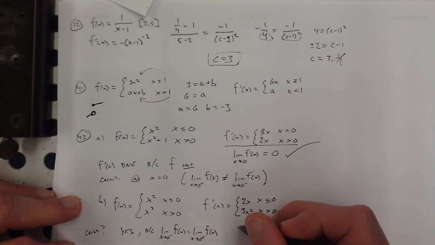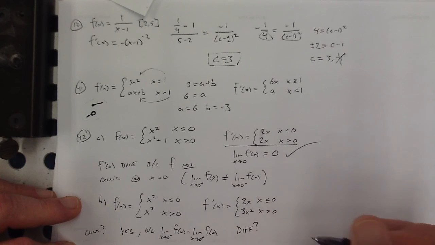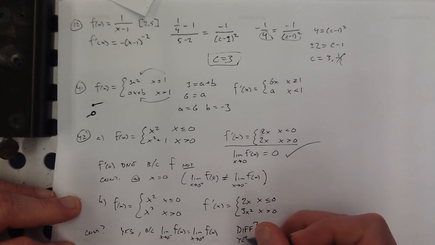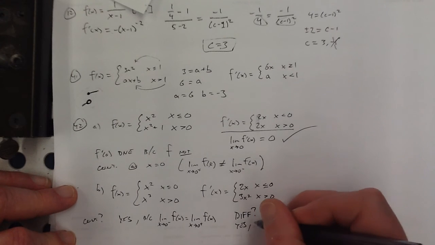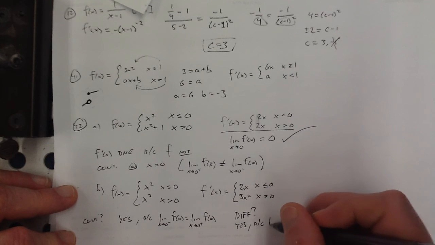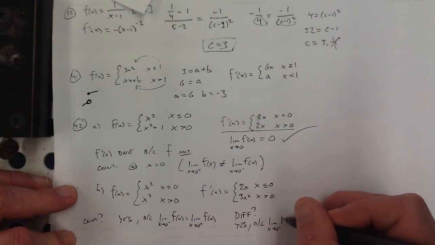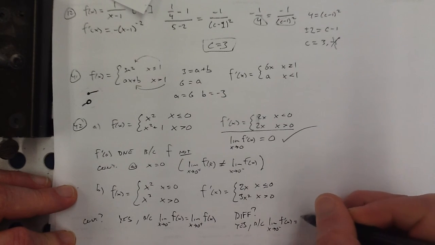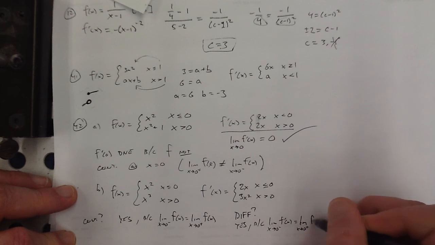So is it differentiable? Yes. Because the limit as x approaches 0 from below of f prime of x is equal to the limit as x approaches 0 from above.